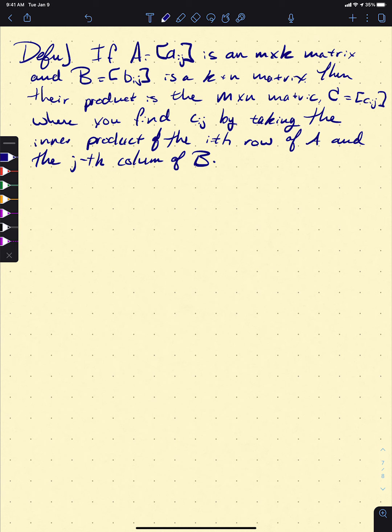We'll do some examples of this, and you'll have homework, and hopefully through those two, you'll get a little more comfort with these ideas.